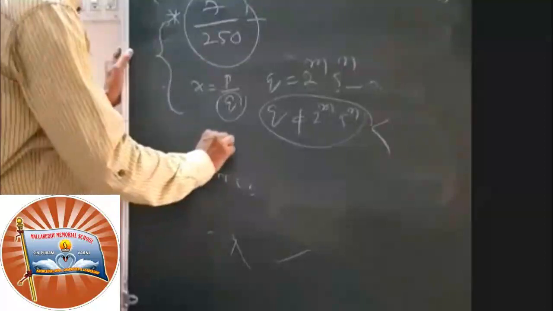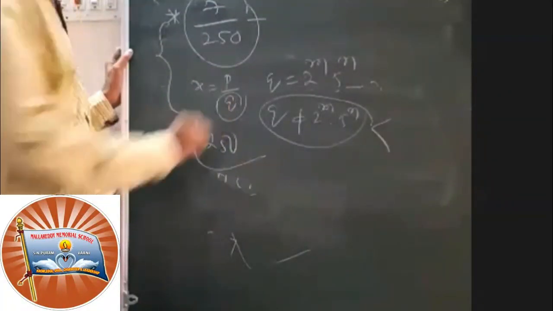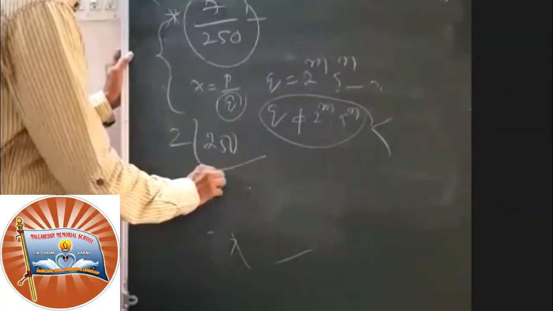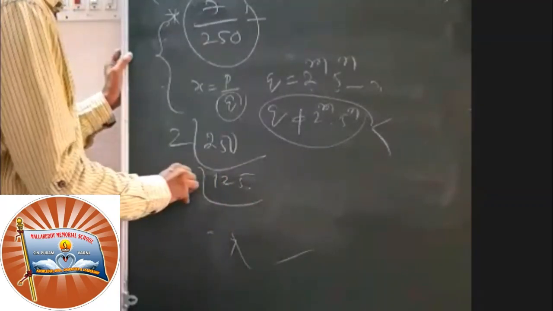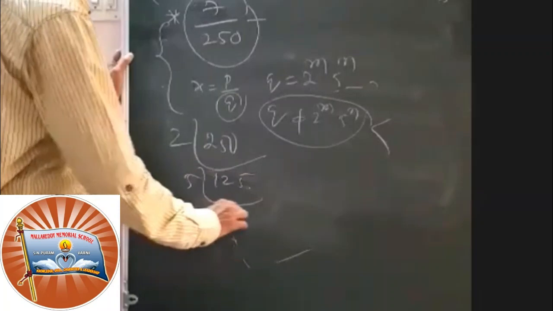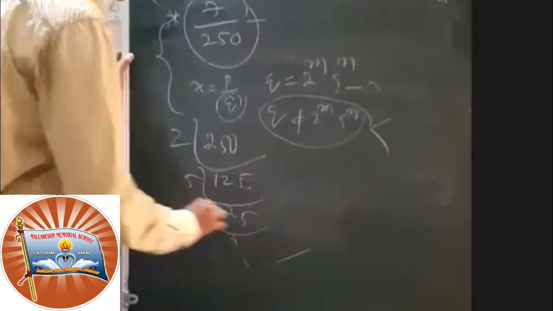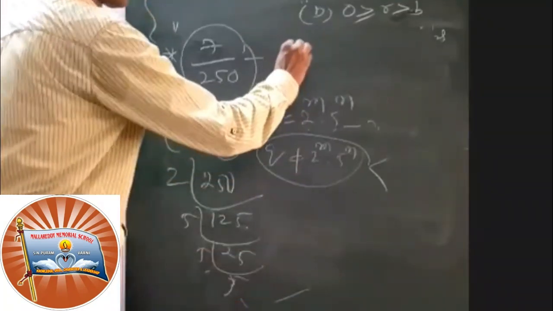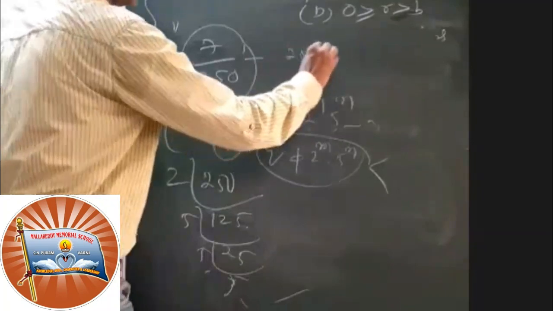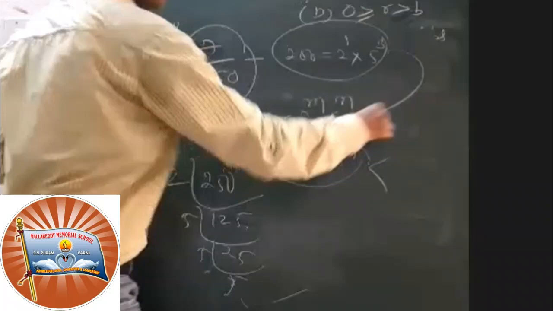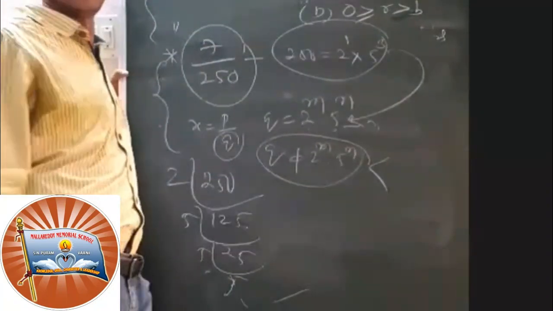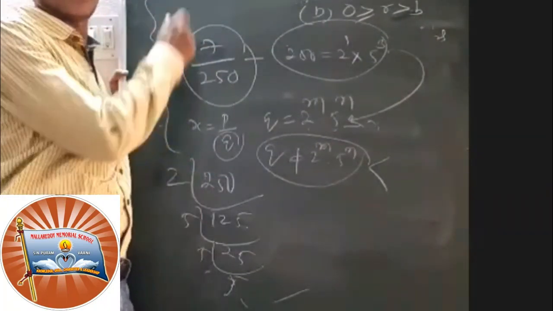Now you have to do the prime factorization: 250 is 2 times 125, and 125 is 5 cubed. Now 250 is in the form of 2 times 5 cubed. Hence, it is in the form of 2 to the power m and 5 to the power n. Hence, I can say it is a terminating decimal.